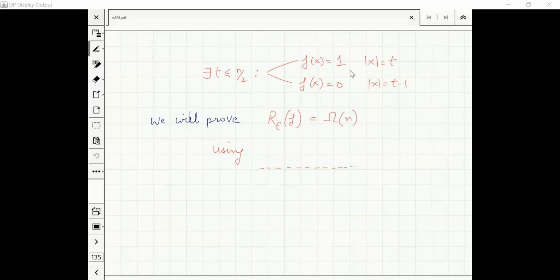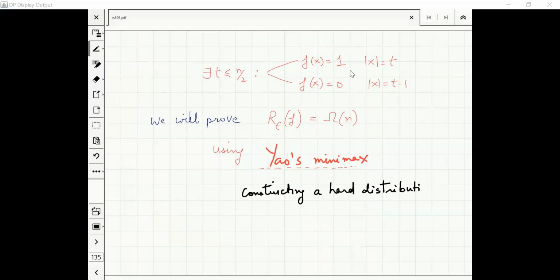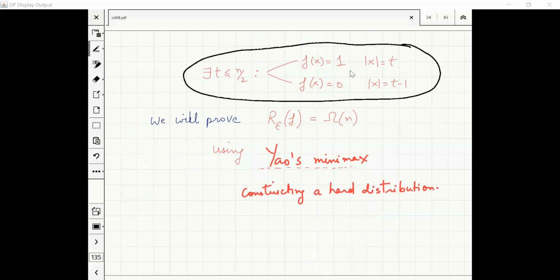Using Yao's minimax, or in other words, by constructing a hard distribution. Now, looking at how we constructed the hard distribution for OR, and also the property I'm emphasizing, what is your guess for the hard distribution?